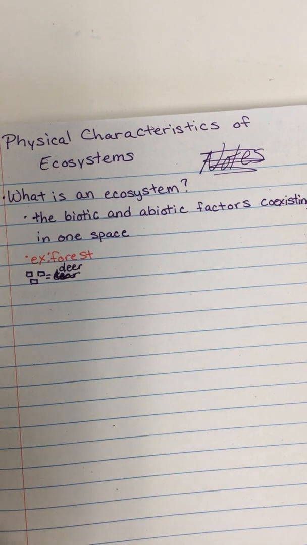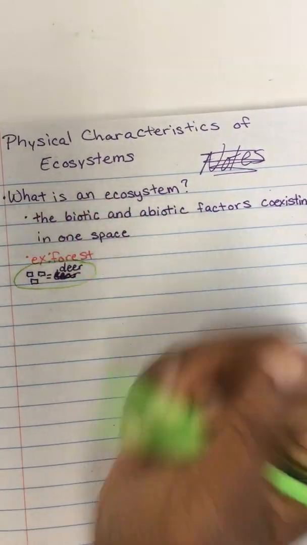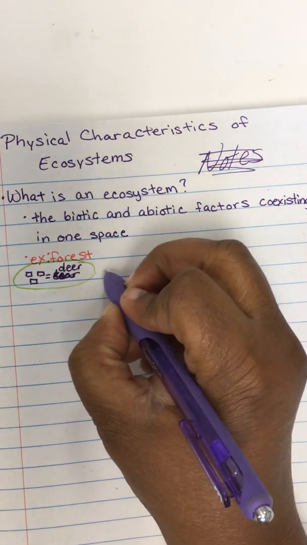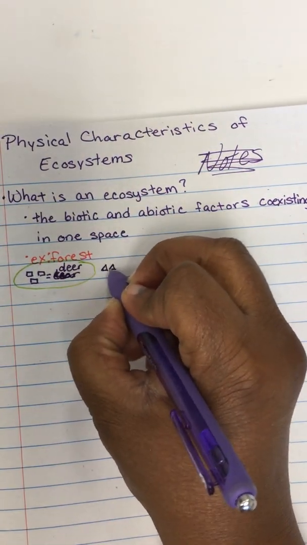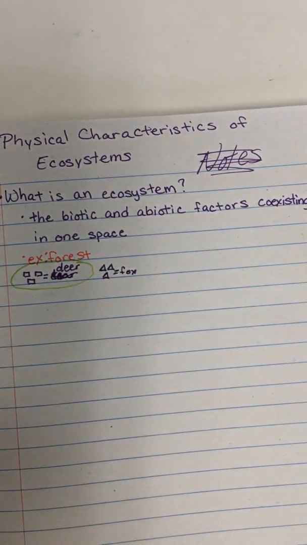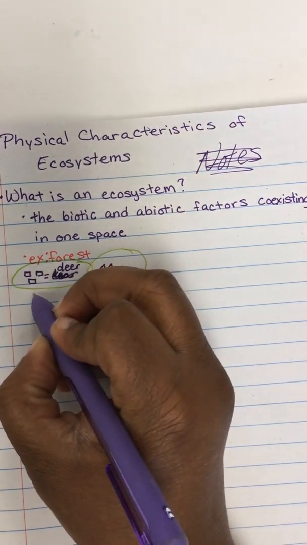That group of deer is one population. You might also have a group of fox. That is one population. Let's say you have some trees.